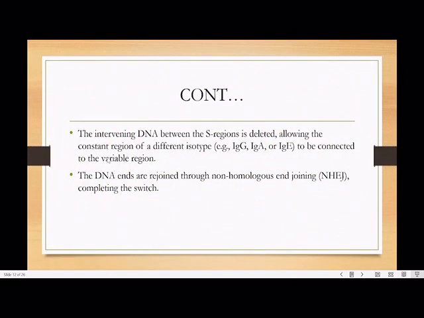After this, the intervening DNA between the S regions is deleted, allowing the constant region of the different isotype to become connected to the variable region. The DNA ends are rejoined through non-homologous end joining, completing the switch.